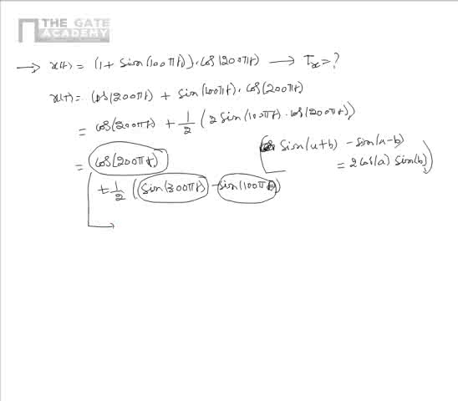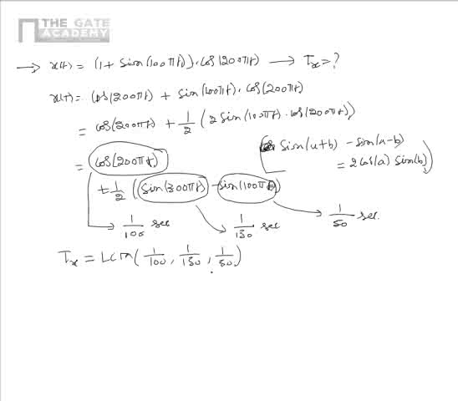We know that the time period of cos 200 pi t is 1 by 100 second, the time period of sine 300 pi t is 1 by 150 second, and the time period of sine 100 pi t is 1 by 50 second. From this, we can say that the time period of x of t, Tx, is equal to LCM of 1 by 100, 1 by 150, and 1 by 50.